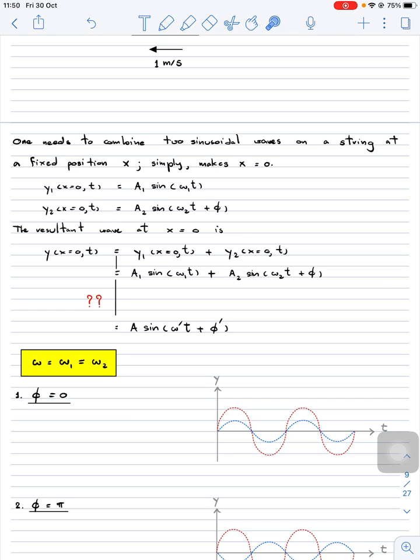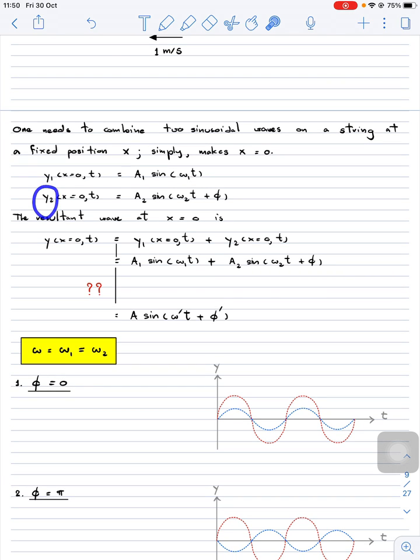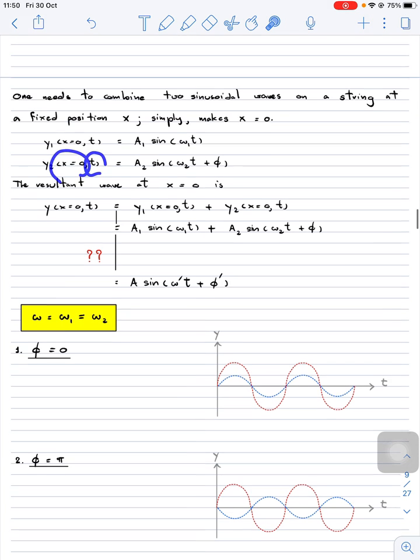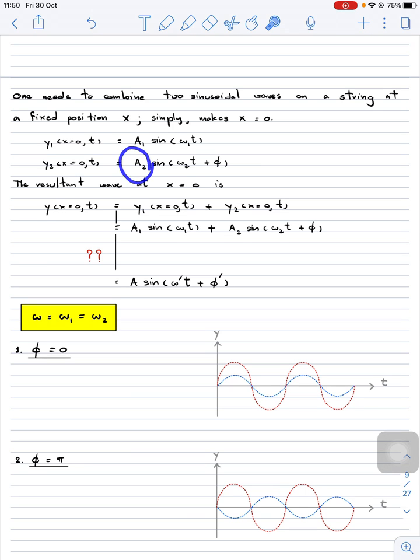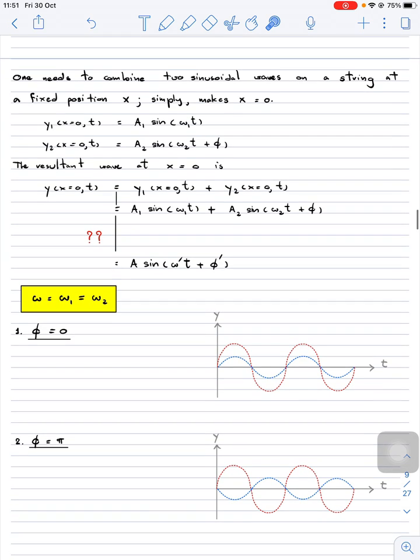So the amplitude of the first one is a1 and the angular frequency is omega 1. For the second wave, I have y2, the same at x equal to 0, and then for time t, the amplitude is a2 and the sine function has omega 2 as the angular frequency, and then plus phi. The phi here is the initial phase difference between the wave y1 and the wave y2. Again, we just want to find the resultant wave at x equal to 0.